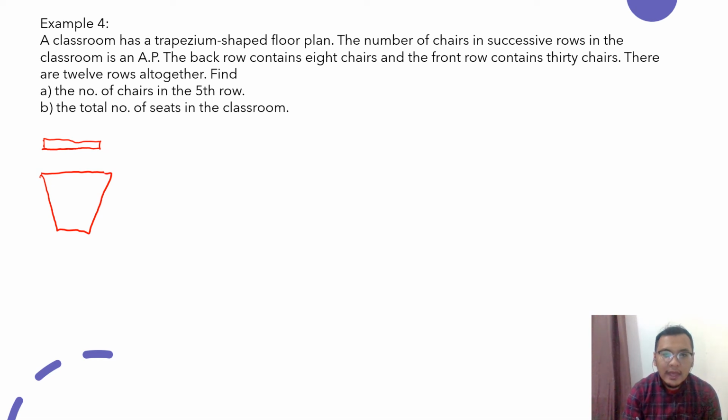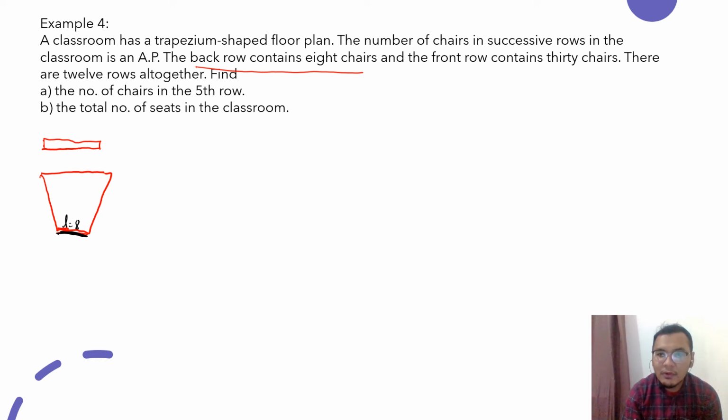The number of chairs in successive rows in the classroom is an arithmetic progression. The back row contains 8 chairs, so the back row is L equal to 8.